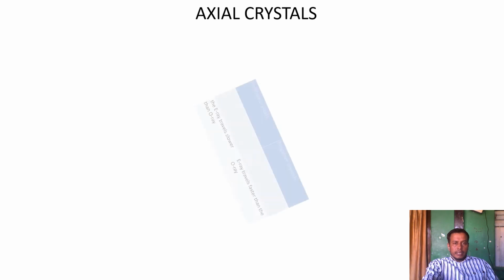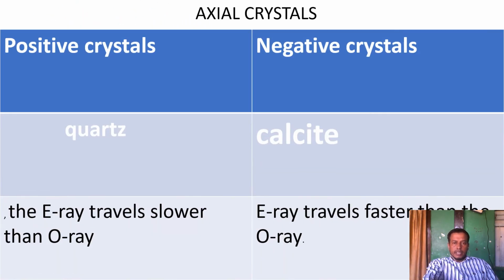Let me compare positive and negative crystals. An example of a positive crystal is quartz, whereas for a negative crystal it is calcite. In a positive crystal, the extraordinary ray travels more slowly than the ordinary ray, whereas in a negative crystal the extraordinary ray travels faster than the ordinary ray.